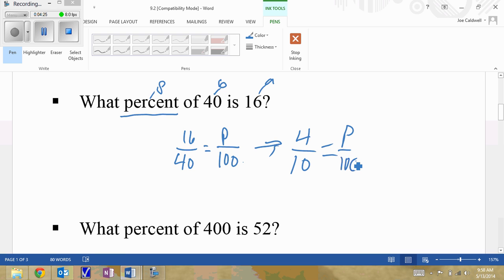You could do cross multiply and get 10P equals 400, divide both sides by 10, and P would equal 40%. Or you could realize you could do 10 times 10 to get to 100, 10 times 10 on the top, and P would equal 40 there as well. So that's another method to do it.